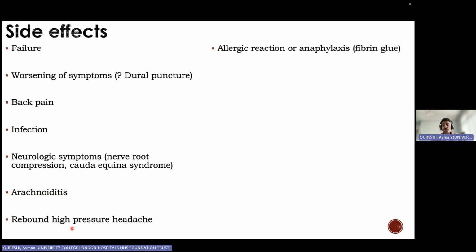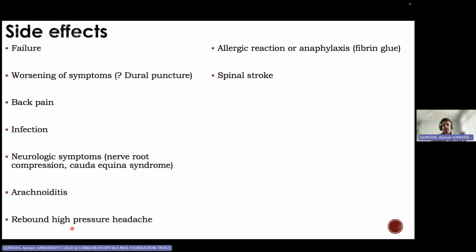And then in the case of fibrin glue patching, there can be allergic reactions because of some of the constituents of that material, specifically a protein which is a bovine derivative, which can cause anaphylactic reactions. So when we're giving fibrin, we will usually preload our patients with an antihistamine just to minimize the chance of that.